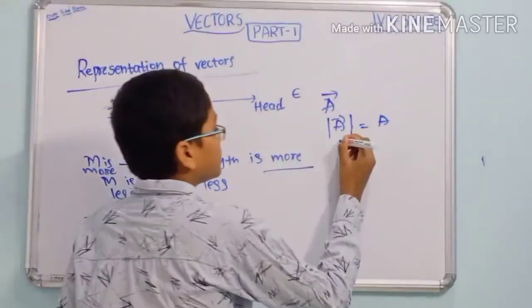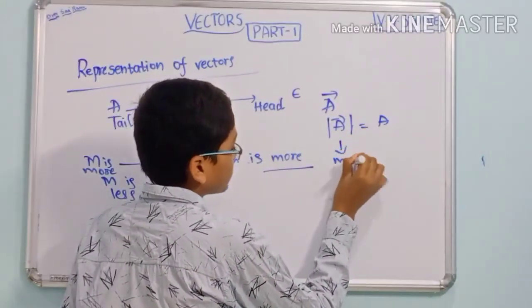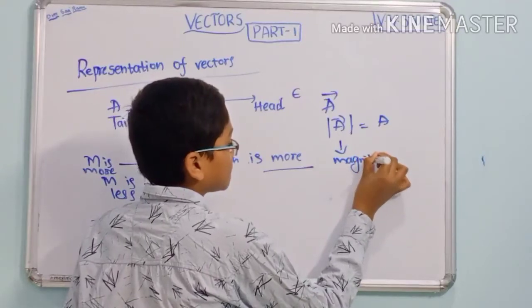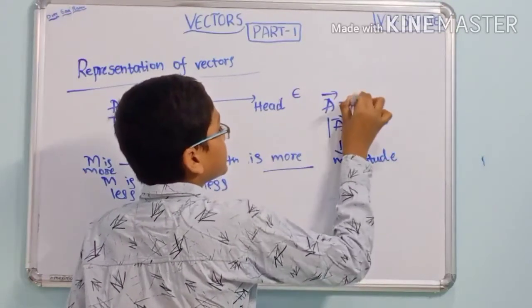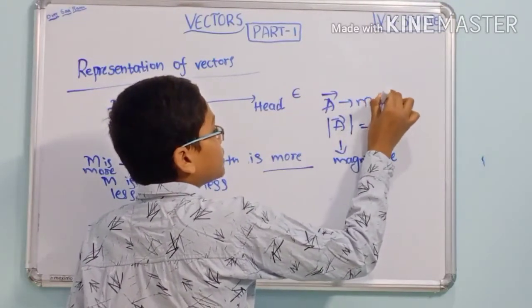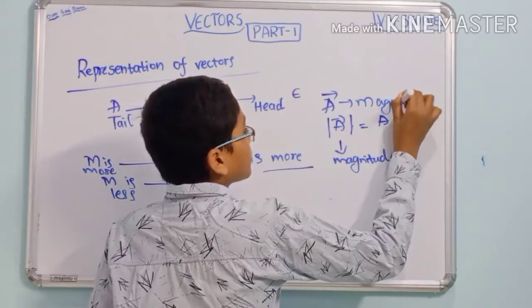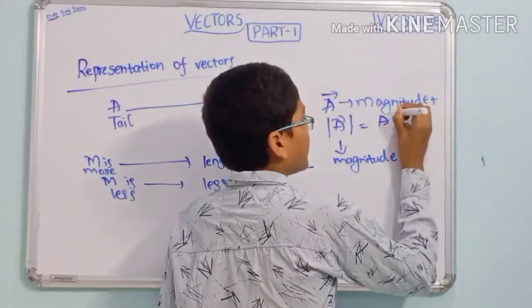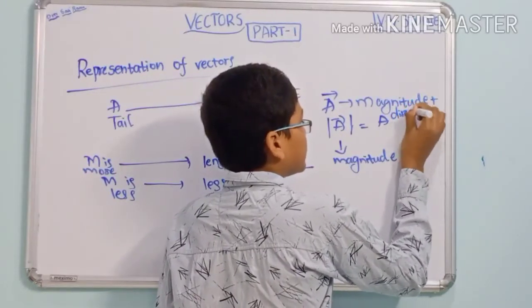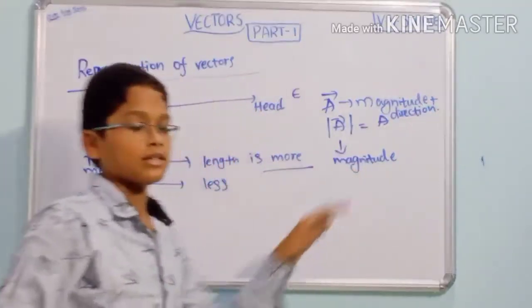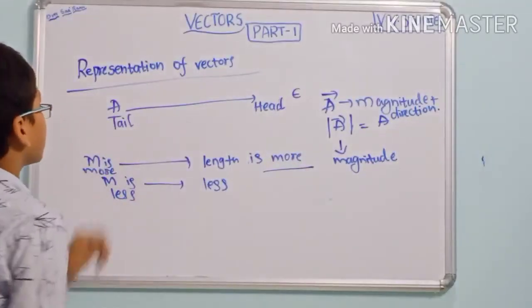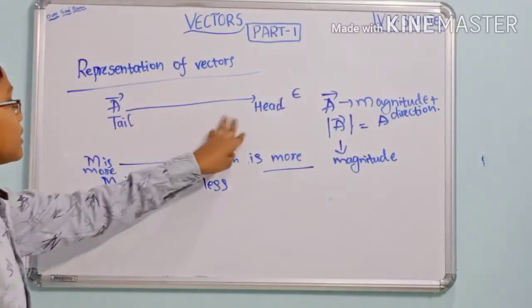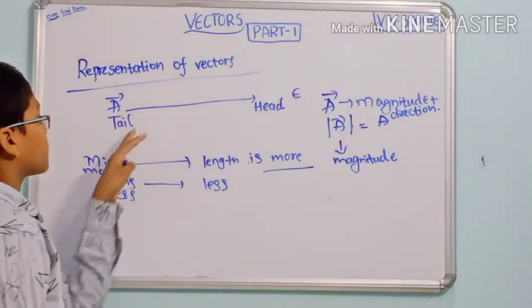Understood? This is magnitude and this is magnitude. This is magnitude plus direction. As this is A bar, we can write this vector as A bar.